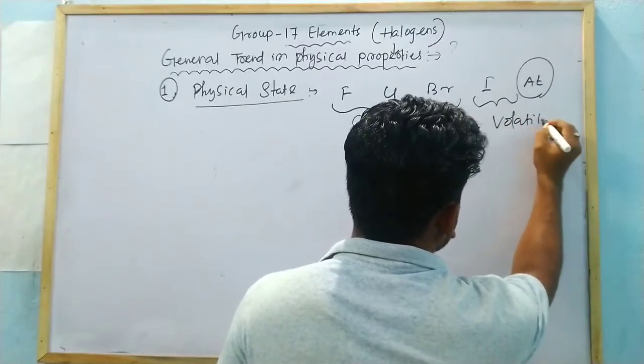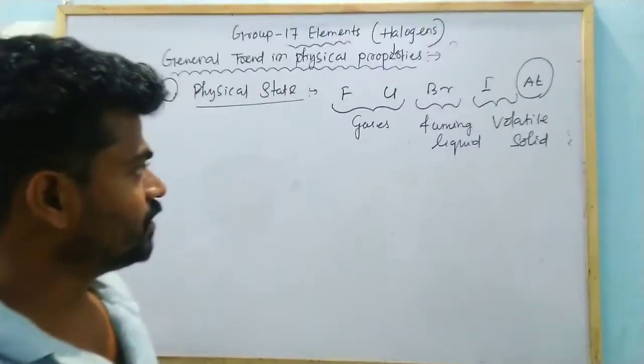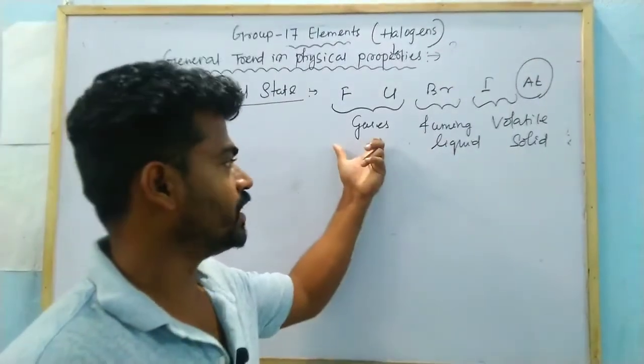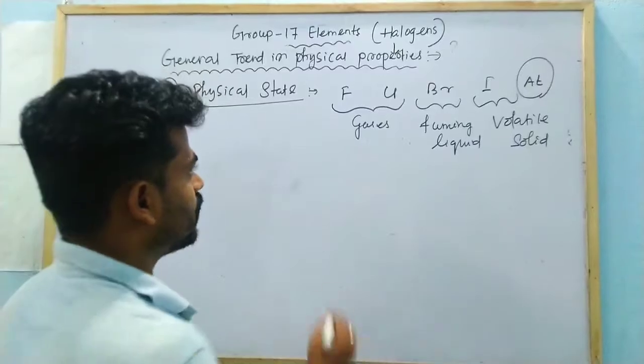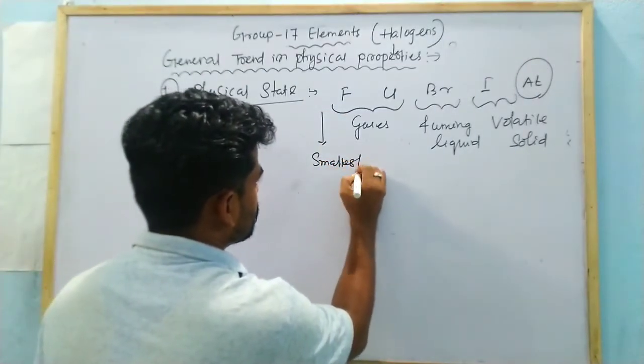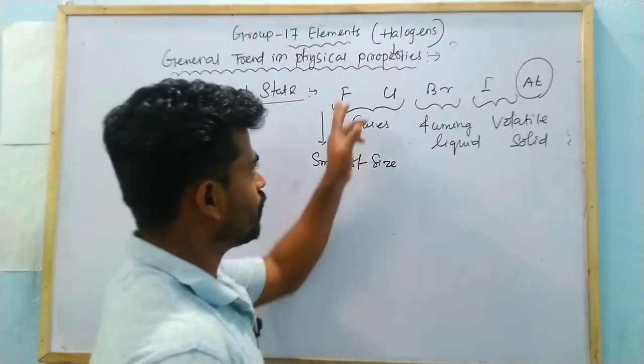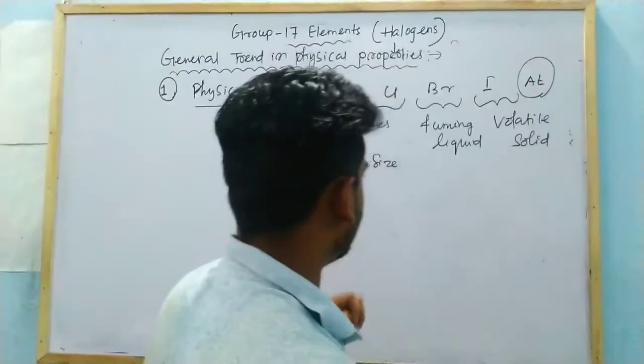The trend in their physical state is that the first two elements exist as gases because of their smallest size.